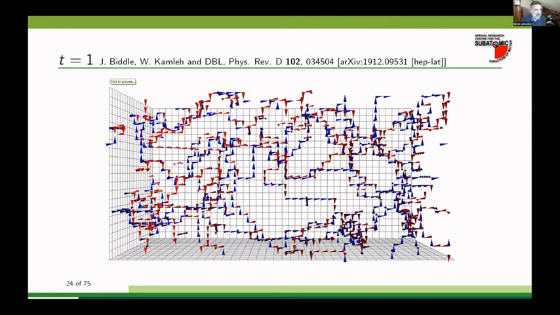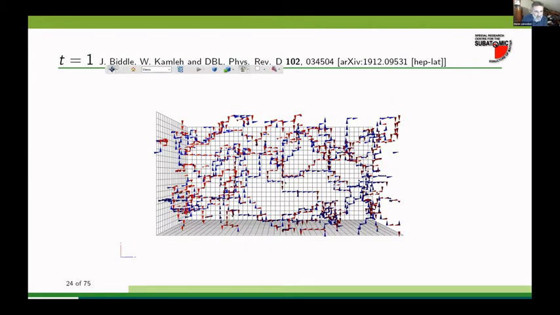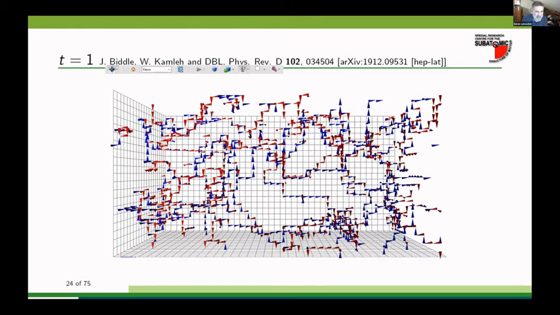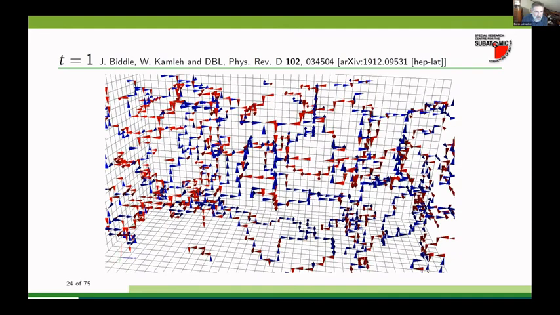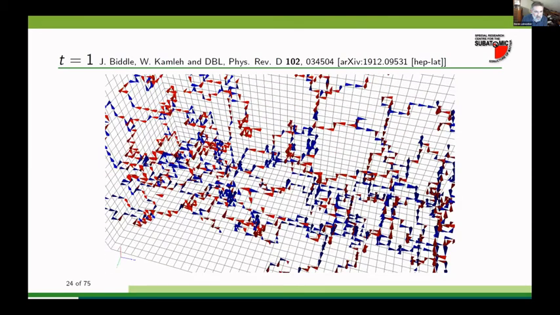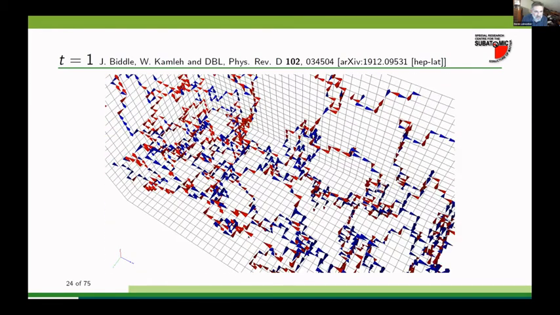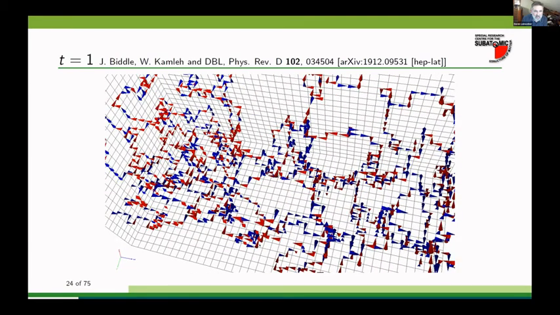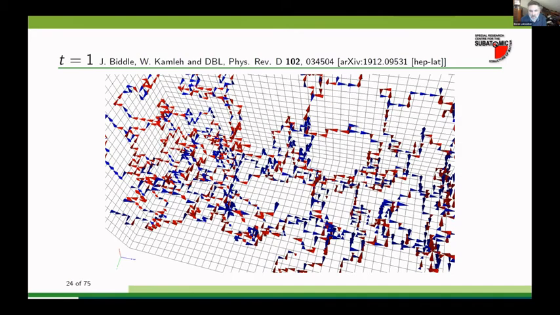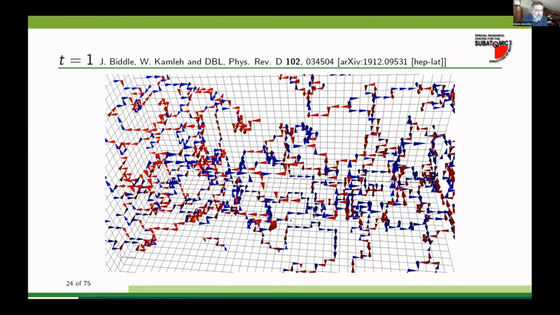And here's a 20 cube by 40 pure gauge lattice. And that's what the vortex structure looks like. I remember the first time I saw these, I thought it looked pretty complicated, but I've got used to it now. And I think the characteristic features in the pure gauge is that you have this vortex structure, but you can see within it, there are large voids where there are no vortices.